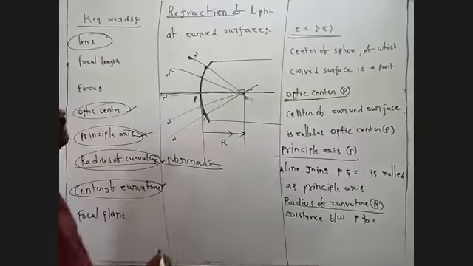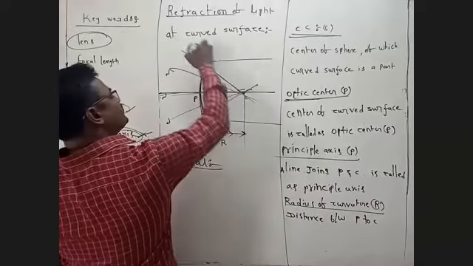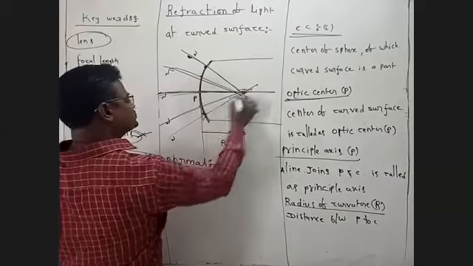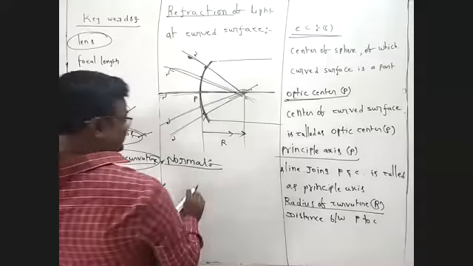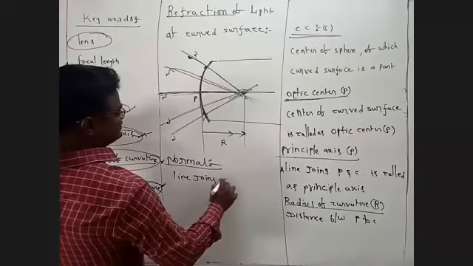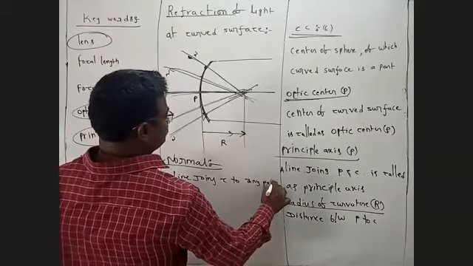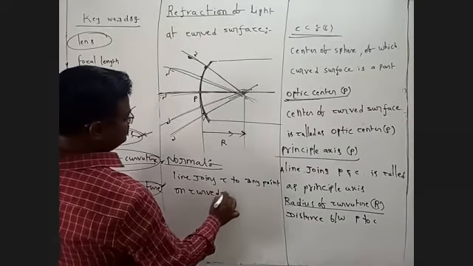You see the direction of the normal. This is the direction of the normal. The direction of the normal changes from point to point on the curved surface. Normal means the line that joins C to any point on the curved surface.